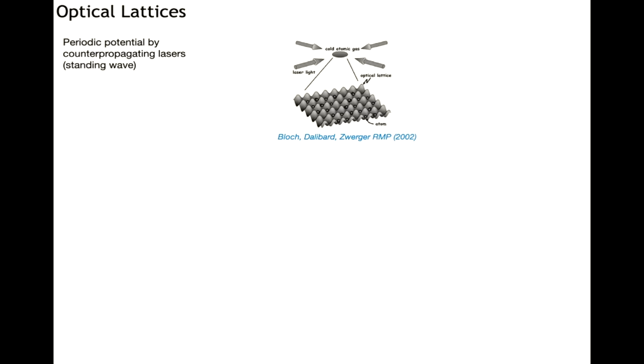So what people managed to realize in the context of cold atoms is essentially periodic potentials by using lasers, right? So basically, arranging counterpropagating lasers, we can form standing waves, right? And these standing waves generate a potential that is felt by the atoms. So the atoms now move in a periodic potential, pretty similarly to what electrons do in materials, right?